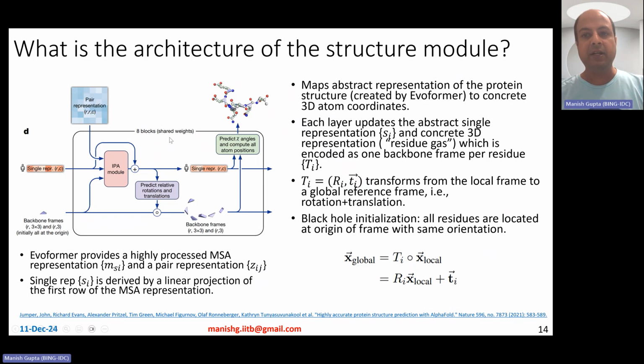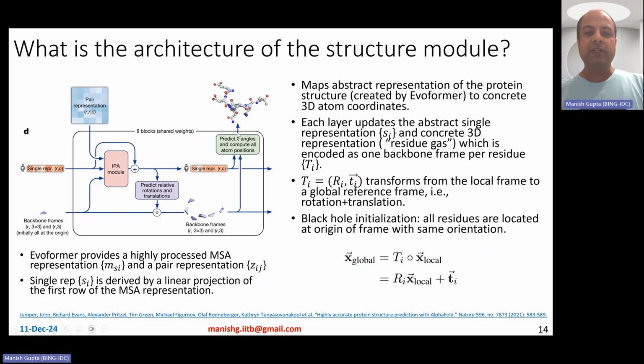Each layer updates the abstract single representation and comes up with a revised single representation, as you see here. It also comes up with what is called the residue gas. It's called a residue gas, but basically it's the coordinates of the backbone frames and the orientation of the backbone frames, how they are oriented and where they are compared to the origin.